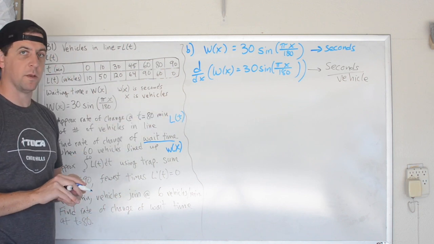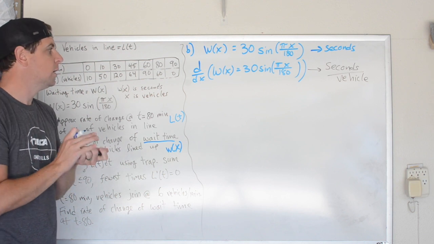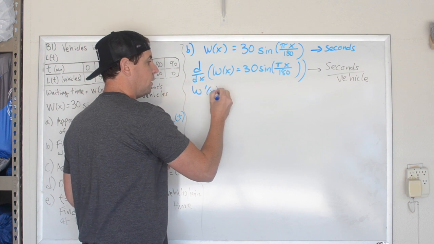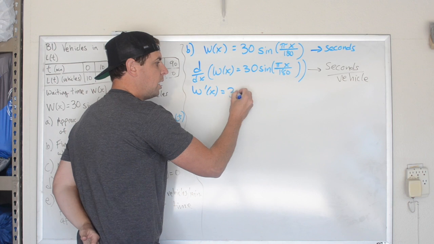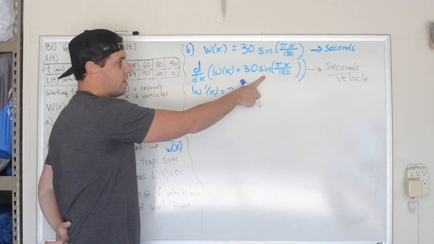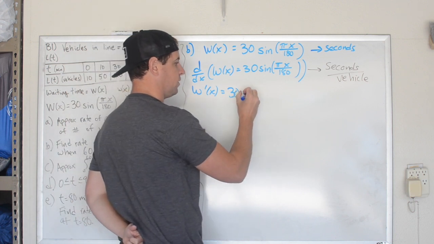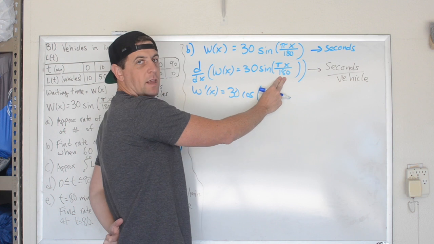Hopefully that first part makes sense, because from here, this is where we're going to put our calculus skills to work. This is going to give me W prime of x equals 30, which is a constant, that's fine. Sine, I need to take the derivative of sine. Remember, sine is so happy, so when we take the derivative, it stays positive, it turns into positive cosine. For the inside part, I'm going to have to apply the chain rule.